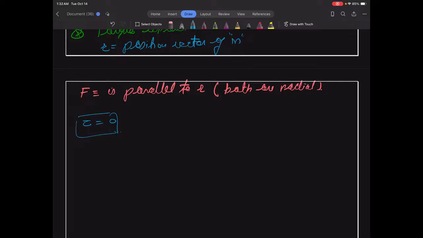Which basically means there is no external torque about the center.